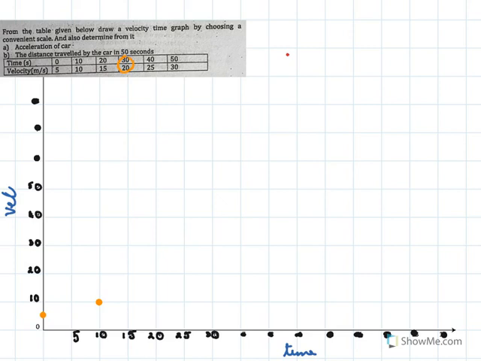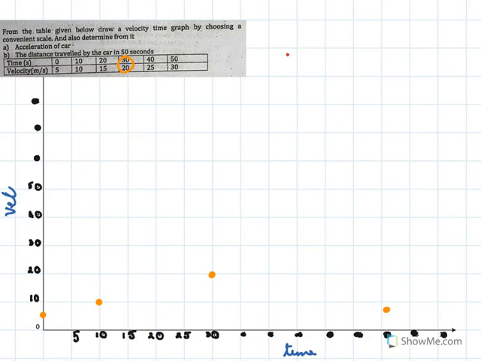Next, time 30, velocity 20. Time 30, velocity 20 would be here, right? Then next is 40, 25.